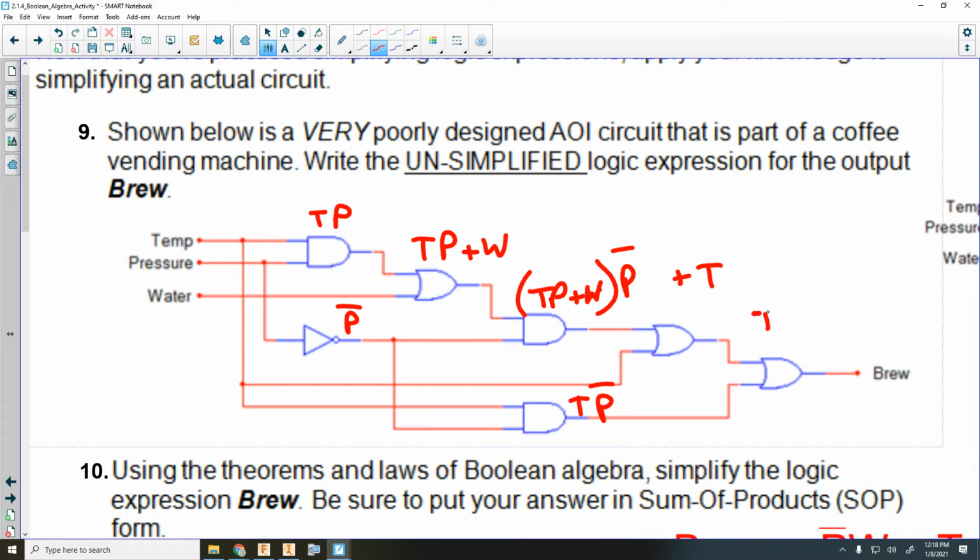I've got TP naught or TP or W. I'm writing too big. Let's get a smaller marker.